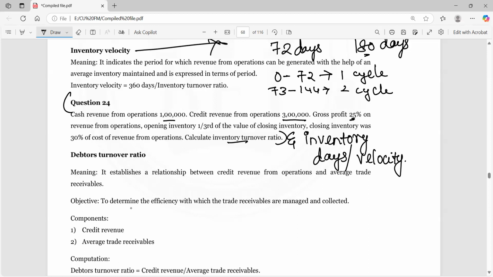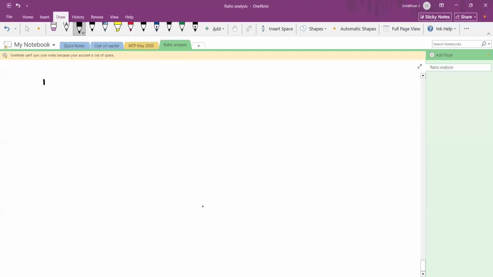COGS. And opening inventory is 1/3 of the value of the closing inventory. What is the inventory turnover? Closing inventory was 30% of revenue from operations. The requirement is to calculate inventory turnover. What is the formula for inventory turnover?